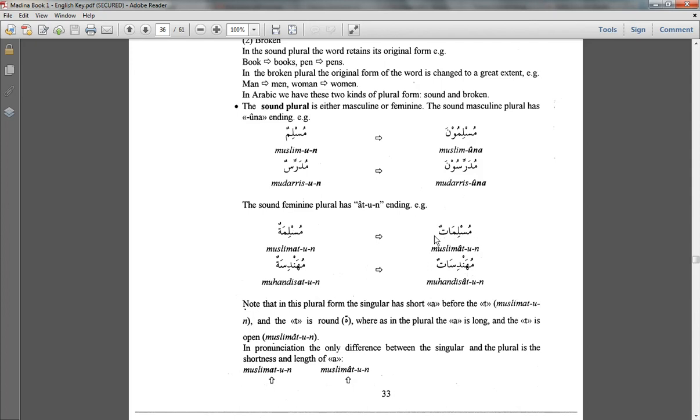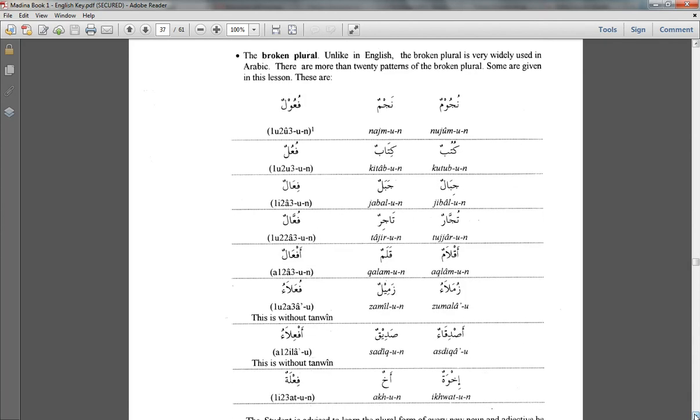It's the boat-shaped ta, the long ta, that you will get at the end of the plural. In pronunciation, the only difference between the singular and the plural is the shortness and the length of a. But this one, as they said, is written with a long ta rather than a round ta.